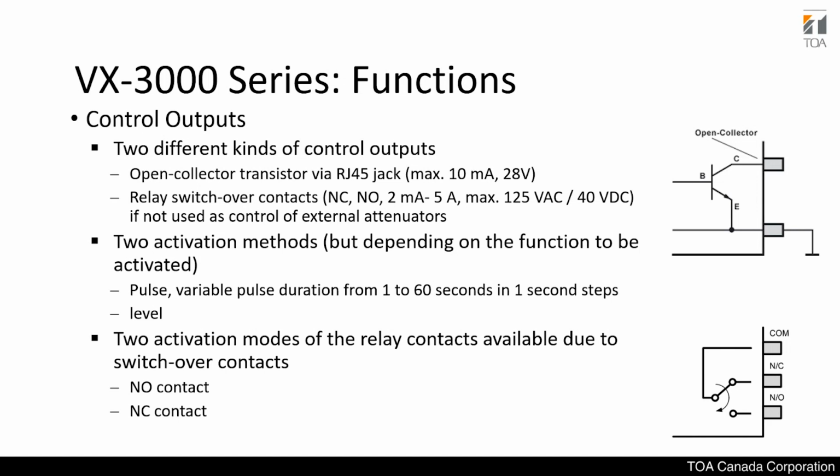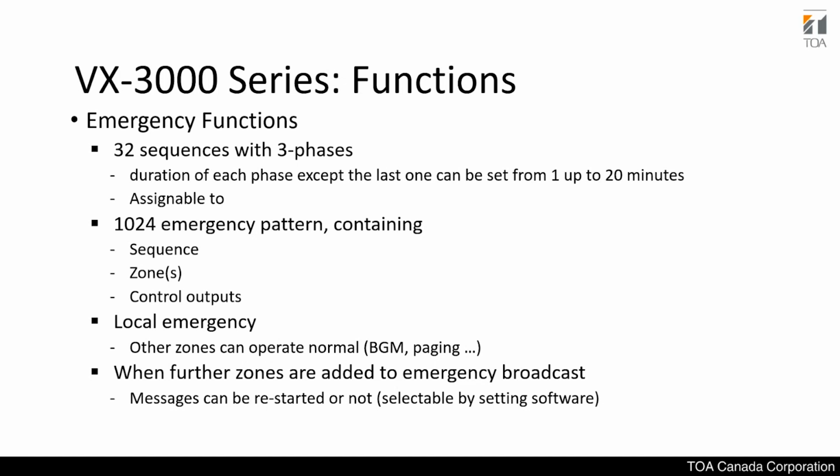Two activation methods, again, pulse or level. And for the relays, you can set them to trigger either normally open or normally closed, however your system would need it. Emergency functions are sequences that you can program into the device.